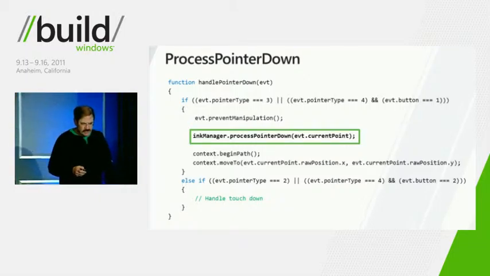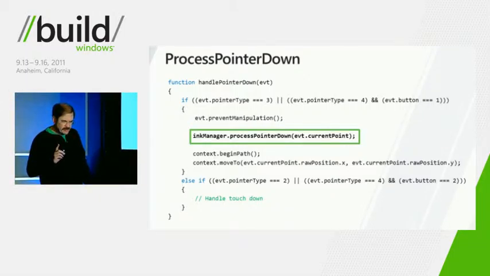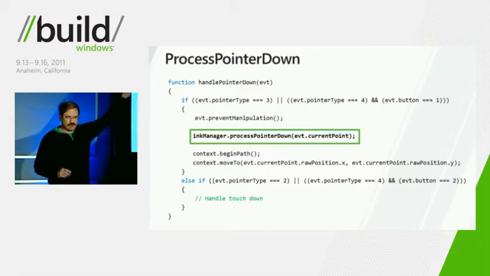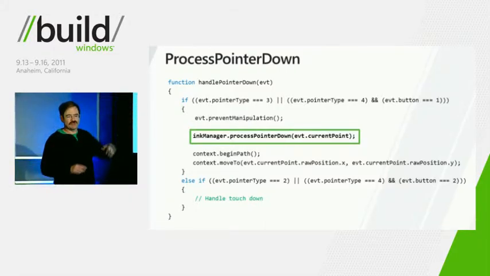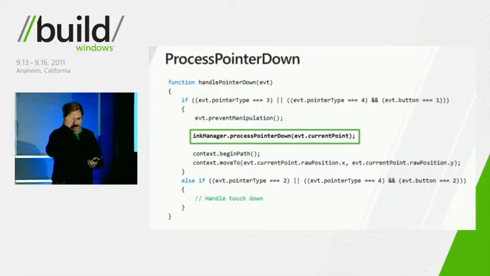There's another point I want to make here, and that is that you see the call to prevent manipulation. Prevent manipulation blocks the normal default processing for all of these, mostly touch, but also pen and mouse, so that what we're telling the system is we're handling the ink, don't start panning things around or zooming or any of that sort of thing.